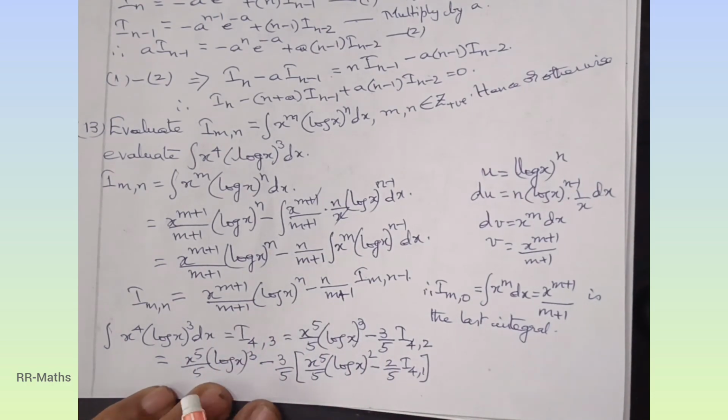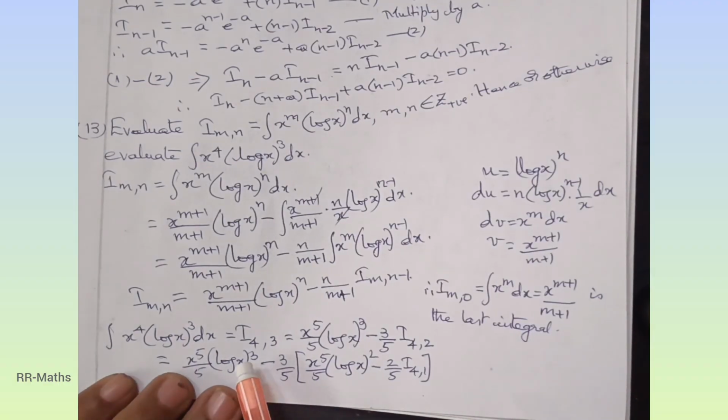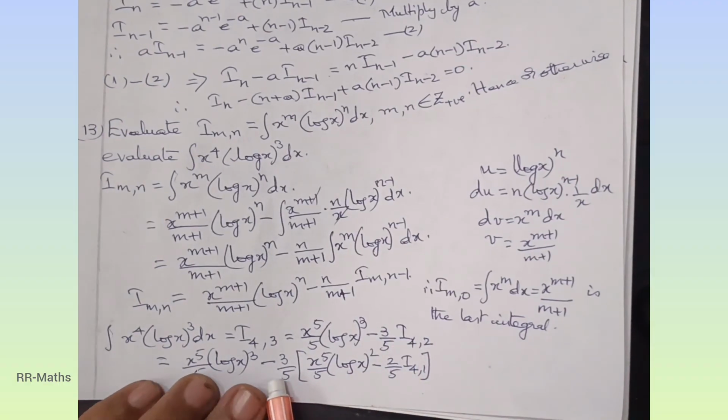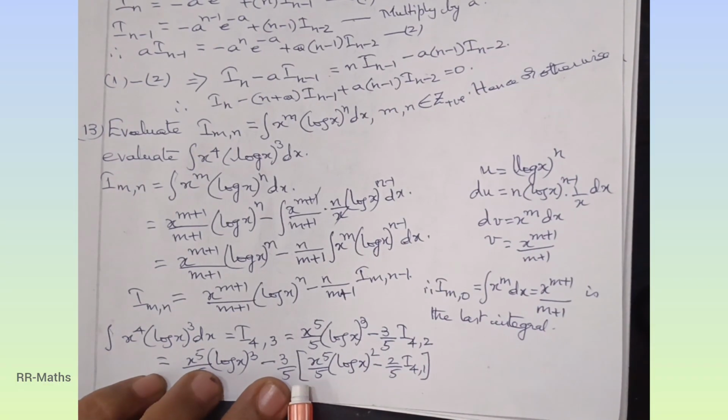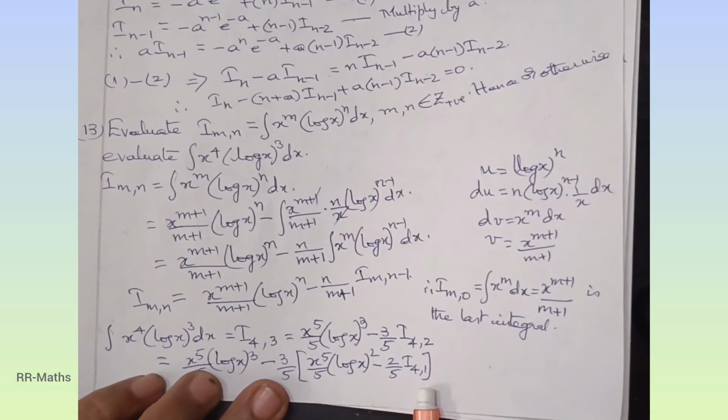So you have x power 5 by 5 (log x) whole cube minus 3 by 5 into, in the brackets, I(4,2), that is x power 5 by 5 (log x) whole square minus 2 by 5 I(4,1).